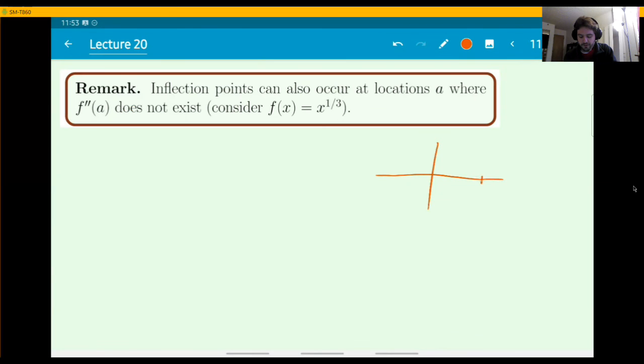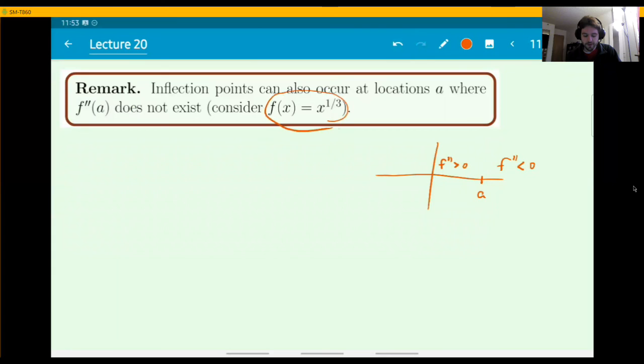If you have an inflection point, let's say concave up before and then down after, usually for f double prime to change from positive to negative, it will have to be 0 at the point. What this remark is pointing out is that it's possible that it does not exist. So be careful with that.